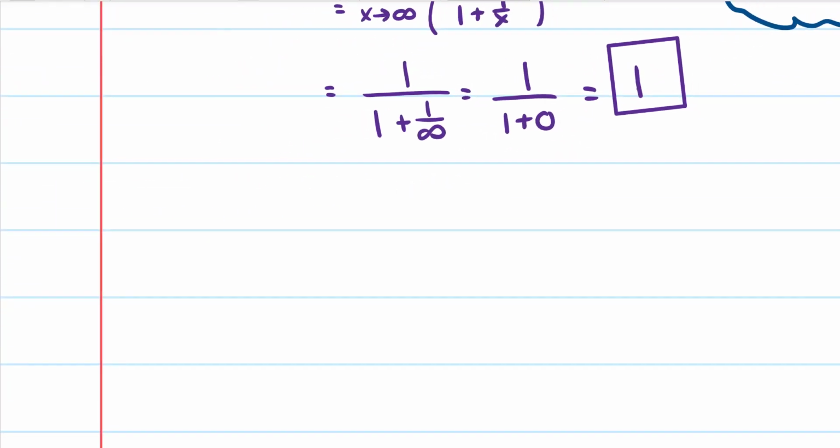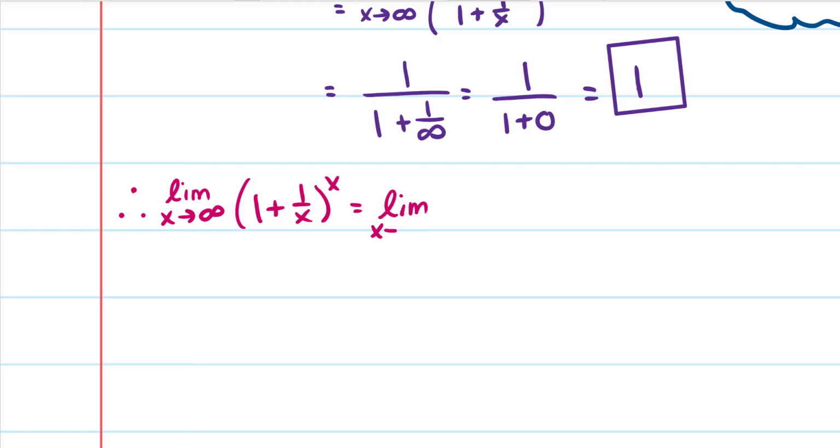So the conclusion we're going to make is that the limit as x approaches infinity of (1 + 1/x)^x is equal to the limit as x approaches infinity of f(x), because this is f(x).